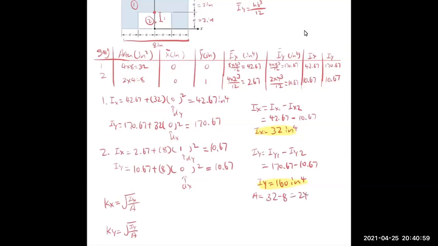So the area will be 24. And kx will be 32 over 24. Let me see, 32 divided by 24 will be 1.54. And ky is 160 over 24, which will be 2.58. Okay, so here are our answers.